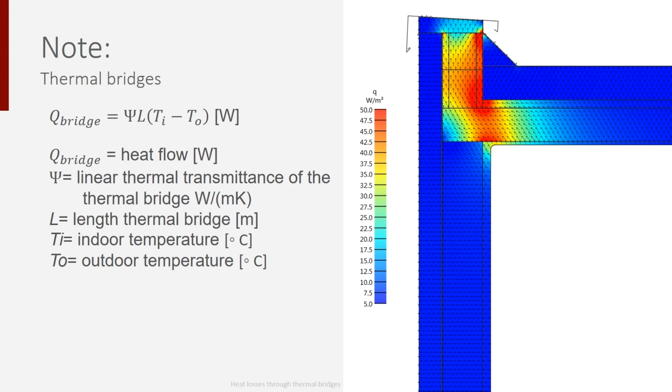The proportion of heat loss due to thermal bridging is typically around 10 to 15%. This can increase to around 30% in very well insulated buildings with poorly designed or realized construction details. But although thermal bridges are an important factor, in this course we mainly focus on transmission through surface areas and will often neglect the heat losses through thermal bridges.